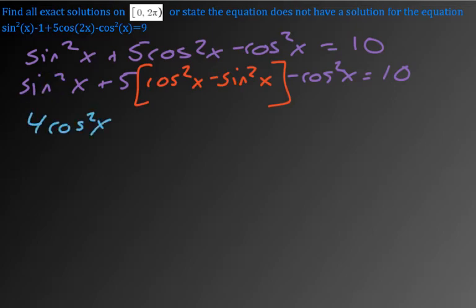And then sine squared minus 5 sine squareds is minus 4 sine squared. And then probably what I'm going to do, I'm just going to divide by 2 because everything's nicely divisible by 2.